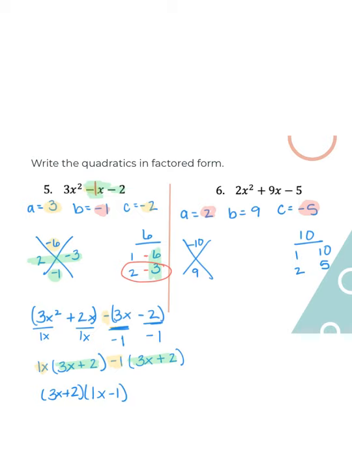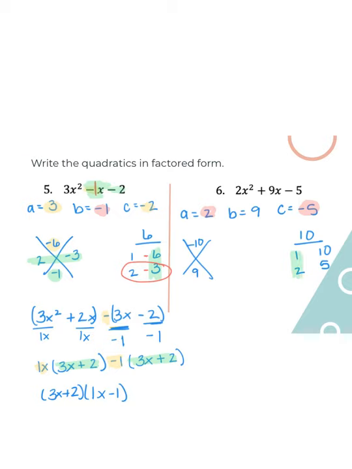Okay, so now here comes the trick. My top is a negative 10, but my bottom is a positive 9. Because that bottom's a positive 9, I know that one of my numbers, the smaller number, has to be the negative one. So one of these has to be negative because my 9 is positive on the bottom.